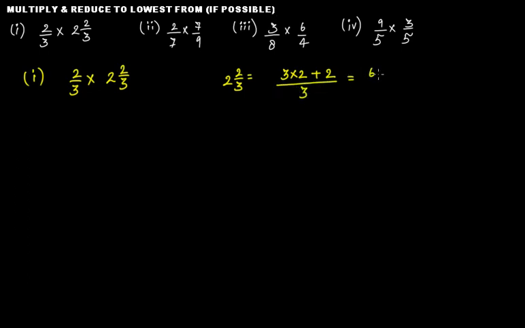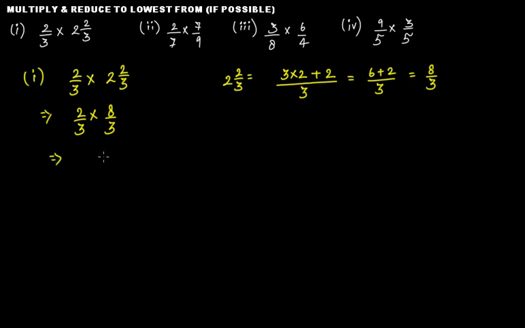This will be 6 plus 2 divided by 3, and this is 8 by 3. So this mixed fraction has been written into the form of an improper fraction, right? Therefore, this will become 2 by 3 times 8 by 3.